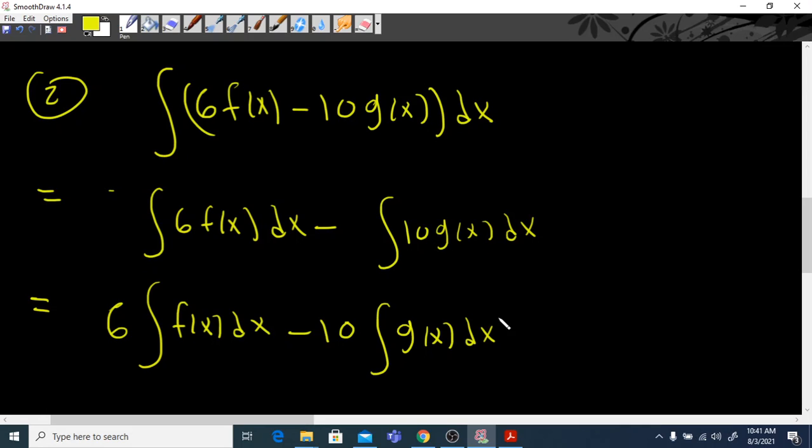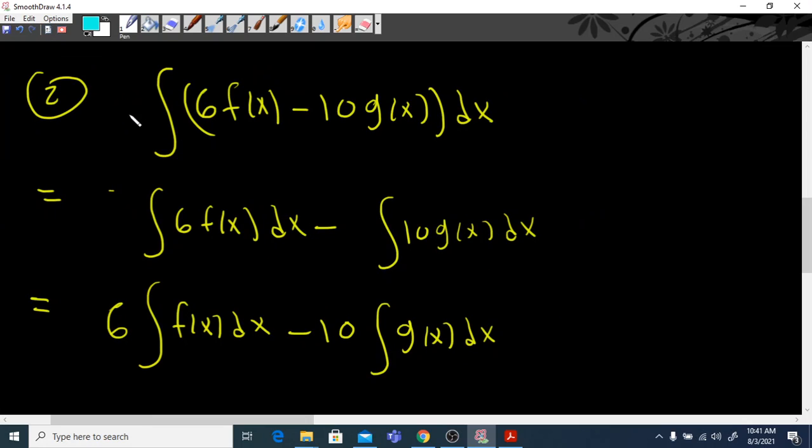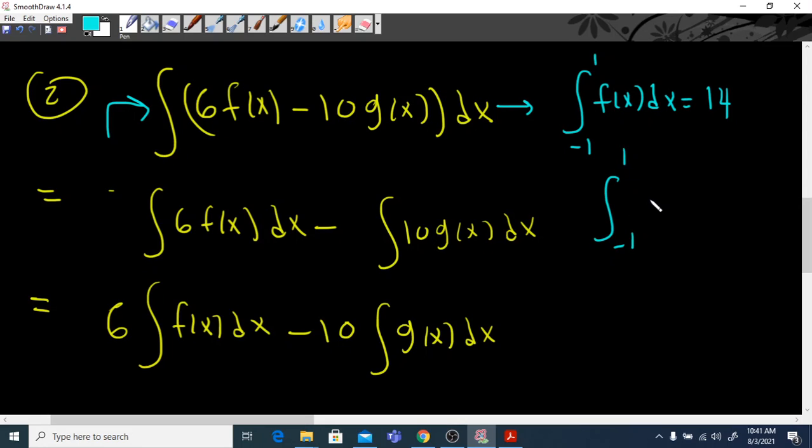A common type of exercise for something like this would be they'll tell you that the integral of f from -1 to 1 is like, I don't know, 14. And then the integral from -1 to 1 of g of x is like 23.